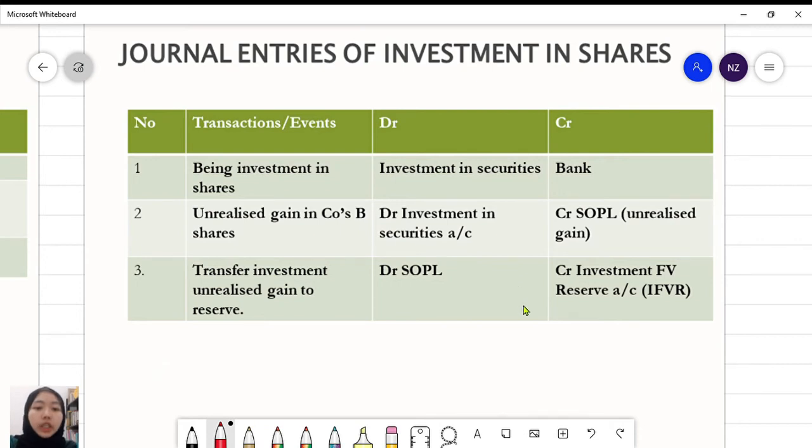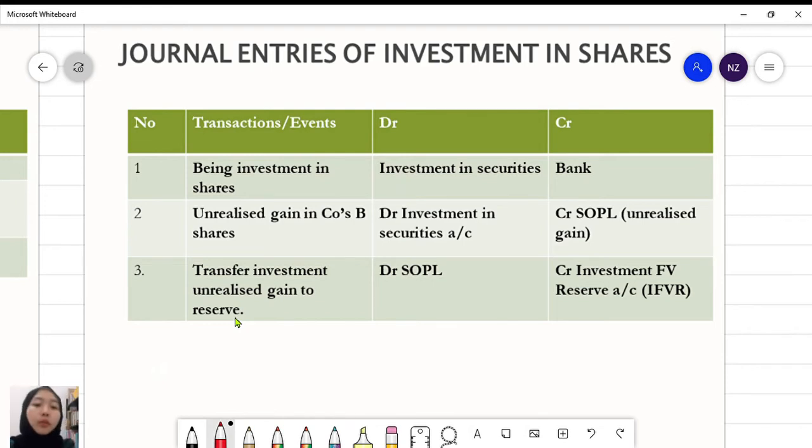Now we want to transfer this investment, or this unrealized gain, to reserve, because after we get the profit, we want to recognize this profit as reserve, something that we gained but do not use. So we put it as reserve for future use.